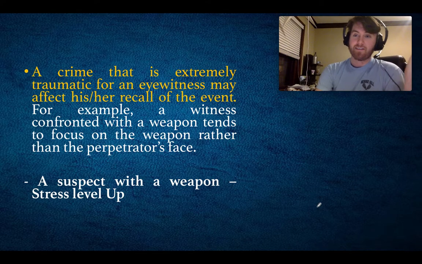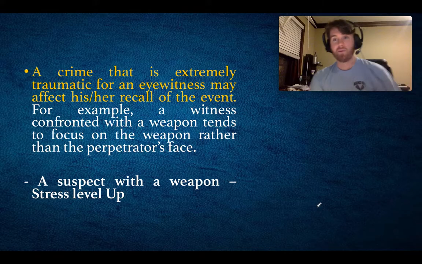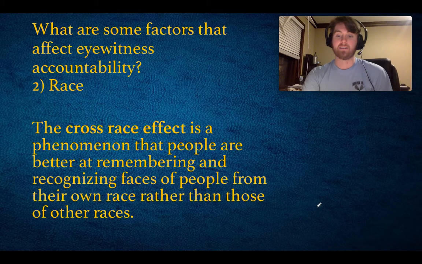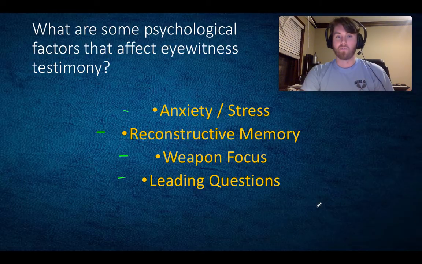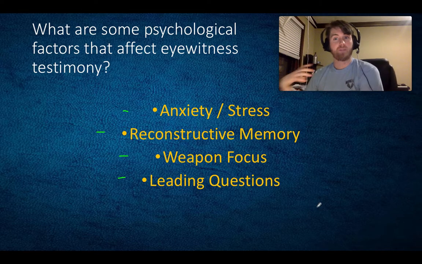Next, a traumatic effect can have a big influence. What I'm focusing on here is called weapon focus, and this is one of the four big parts. Anxiety and stress leads with the Yerkes-Dodson curve. Reconstructive memory is based off the location.